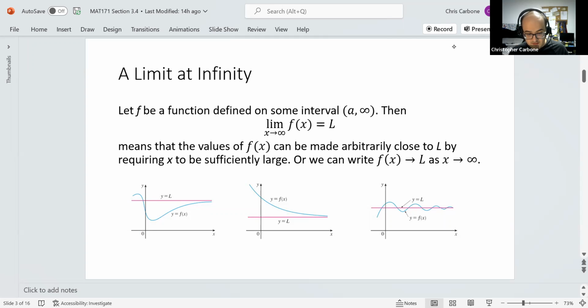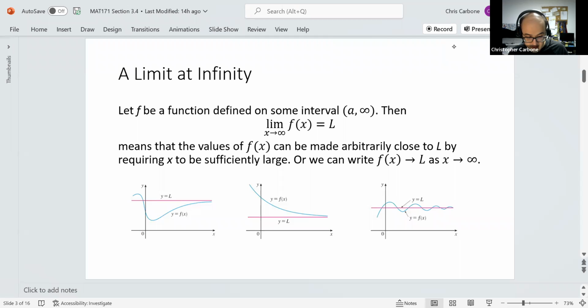I have 3 graphs showing that here. We have y equals L in pink, and blue is the function curve. You can see that as we let x be large in the positive direction, it starts approaching that value of L by increasing towards it.